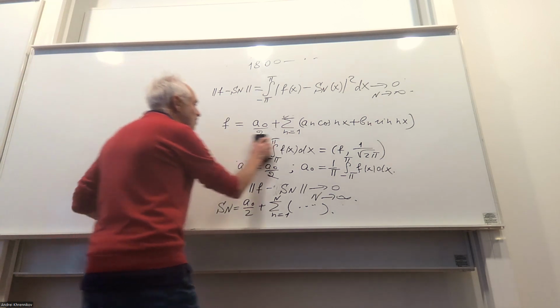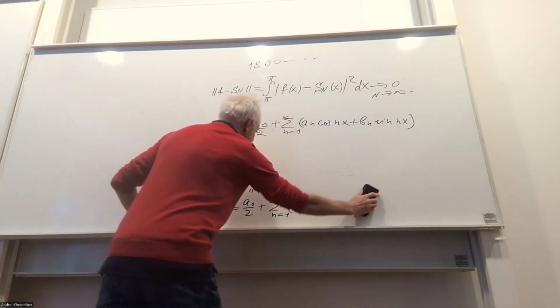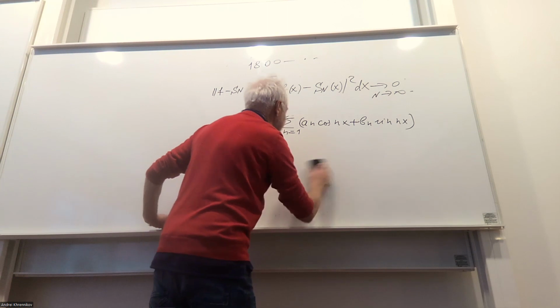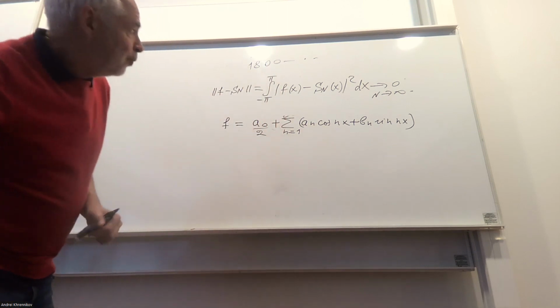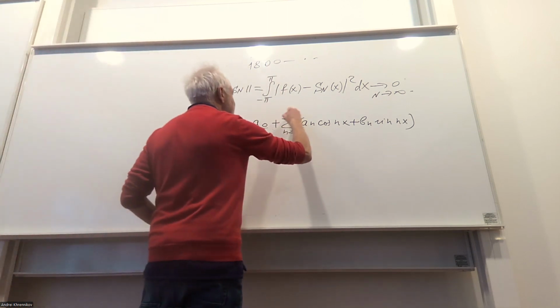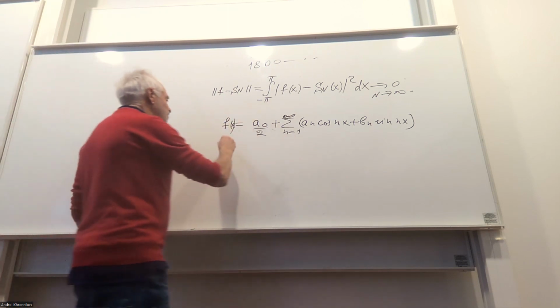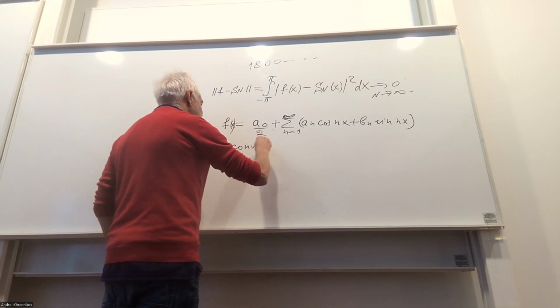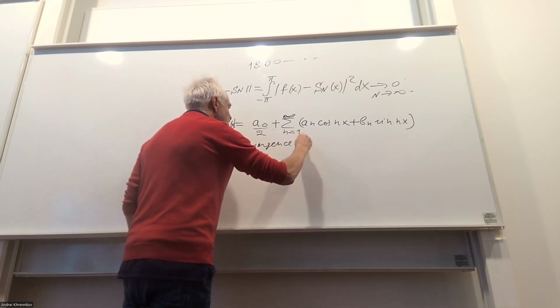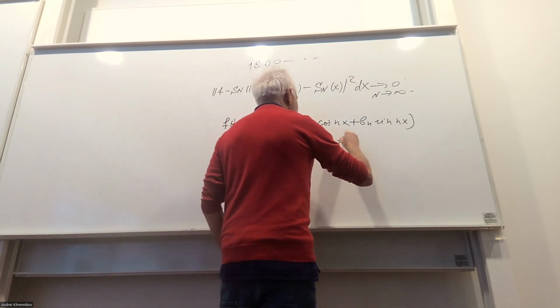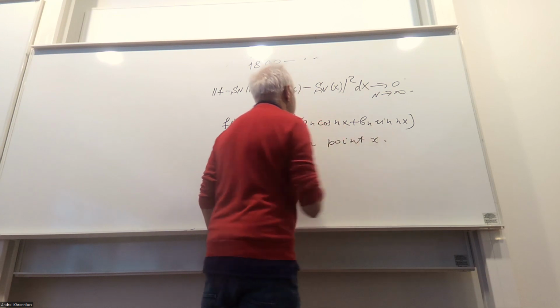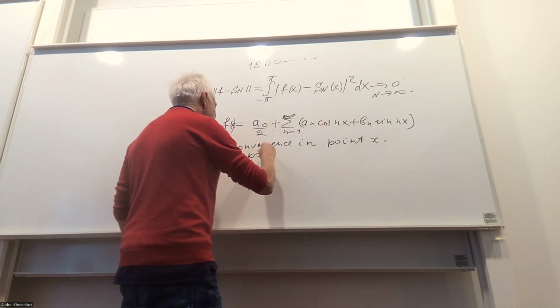But mathematicians are interested in another story, which is also sometimes used in applications: when this function is equal to the series, and convergence at a point x. So pointwise convergence.